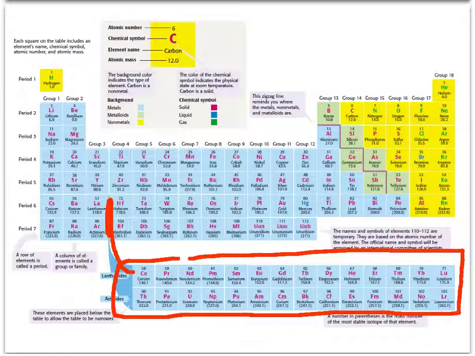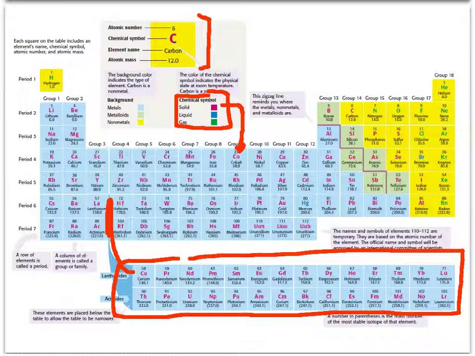Next thing you'll notice, and if you've been in my class, we've already sort of discussed what you find on the periodic table in terms of this. I like this periodic table because if you look at the chemical symbol right here, you'll see that they've been color coordinated. So for example, all of these colors here are solids. Liquids would be the blue and gases the green on the atomic symbol.